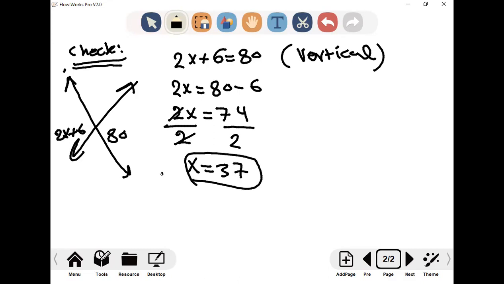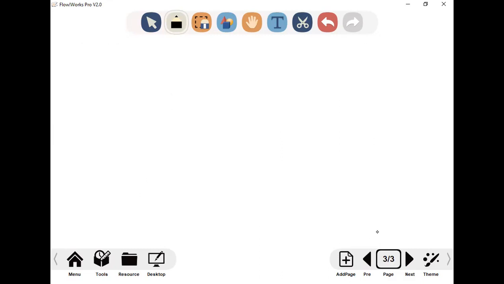Done with vertical. Now let's take the other part, which is the adjacent angles. Take a look at the board to understand the adjacent angles, please.